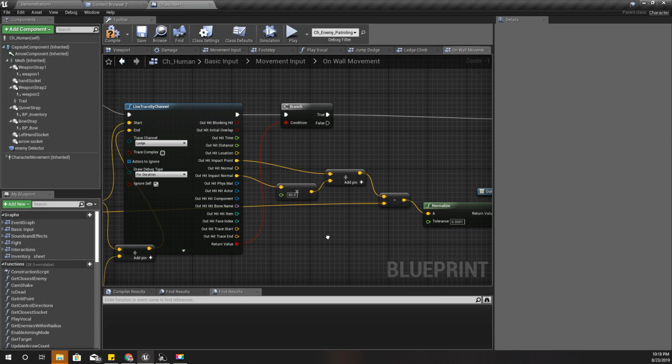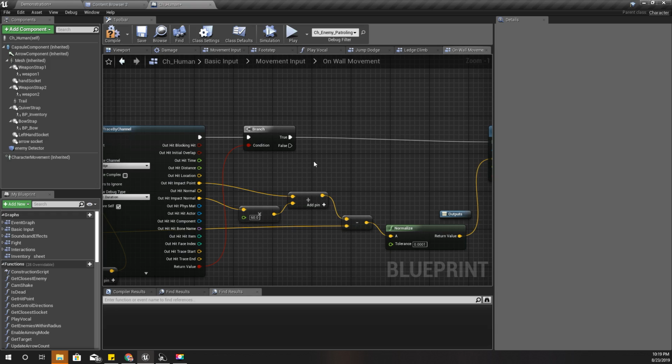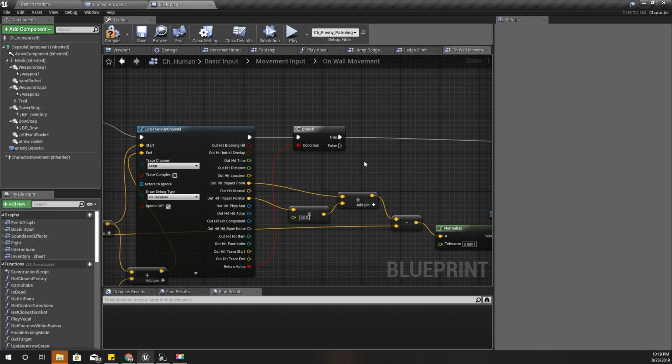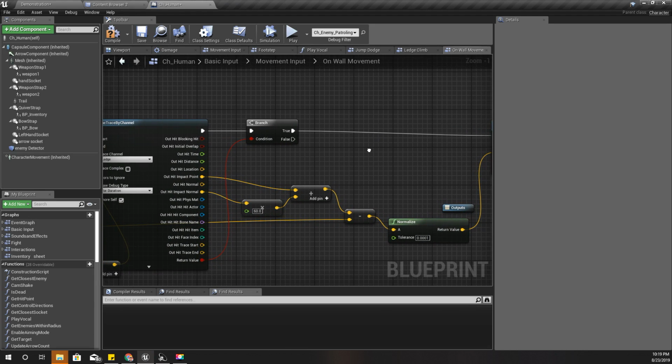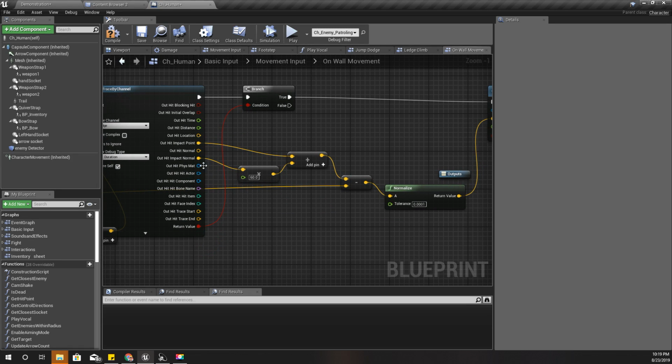Right, let's do this. So we should always keep the character perpendicular to the normal of the ledge surface. So yeah, let's try this first.